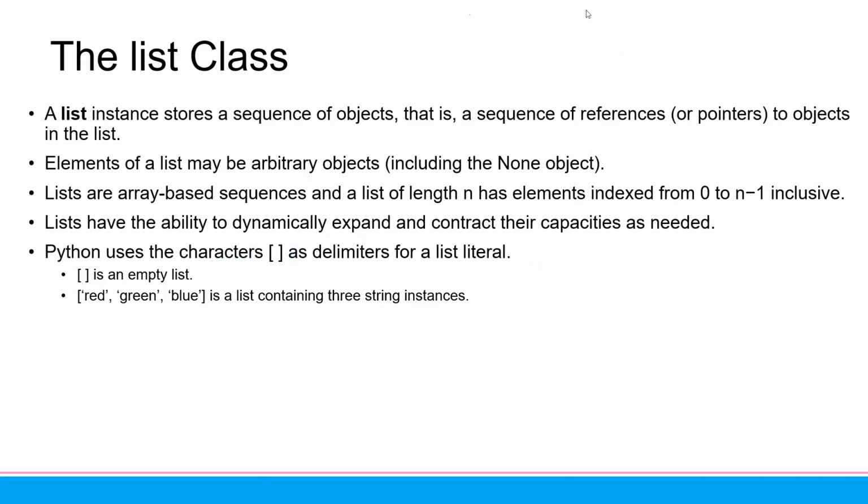When we have no value at all, then it is an empty list. If we have any objects or values inside of the square bracket, then they are the elements of the list. We have red, green, blue, and the separator is a comma, then it is a list containing 3 string instances.